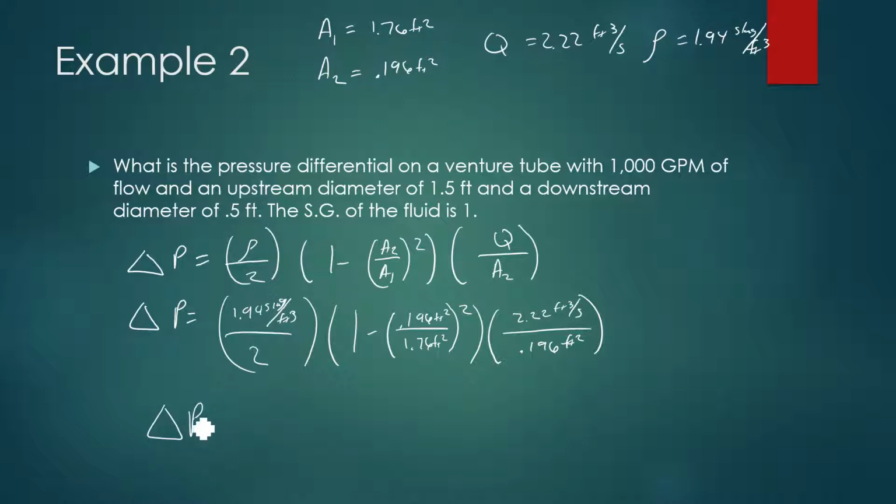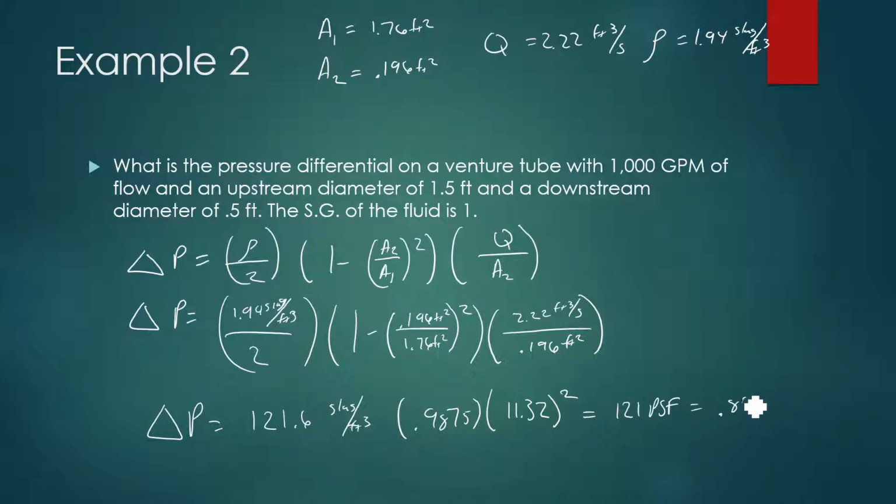And if we do the math on that, we're going to find out that we've got 121.6 slug per foot cubed times 0.9875 times 11.32 squared, and that's just going to be equal to 121 PSF, which is 0.84 PSI.